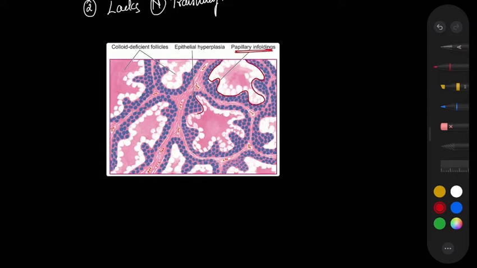We also see epithelial hyperplasia, hyperplasia of the epithelium. We also see the follicles are deficient in colloid. So these were the histological features of Graves' disease.